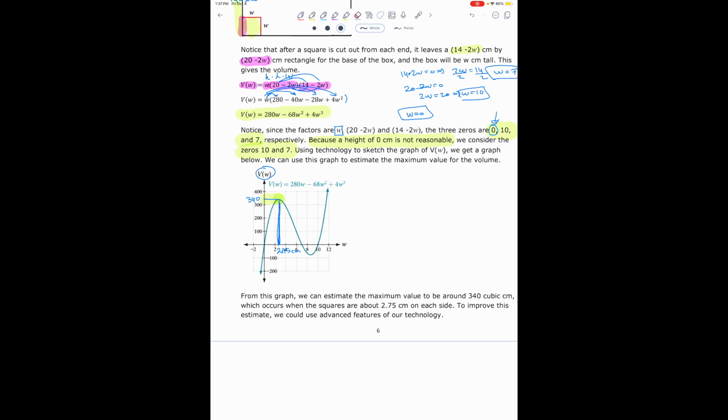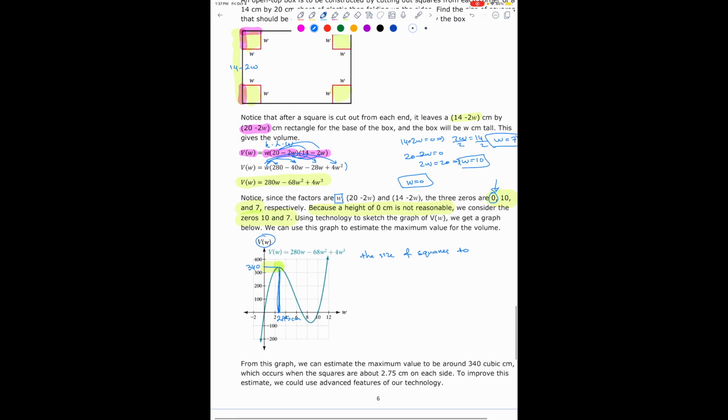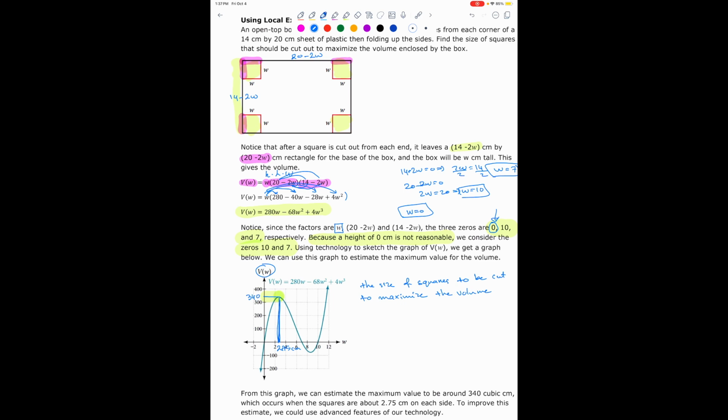of this box. So we're going to say the size of squares to be cut to maximize the volume enclosed by the box is 2.75 by 2.75.